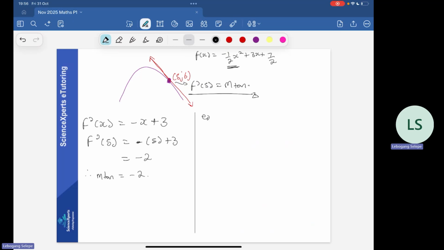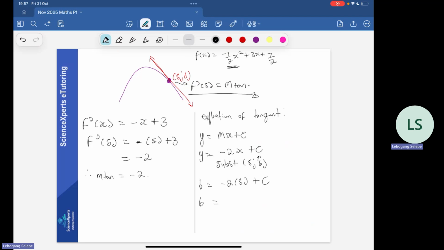So the equation of the tangent is y equals mx plus c, but we already know that m is negative 2, so negative 2x plus c. How do we find the value of c? We substitute the point 5, 6. Then I would have 6 is equal to negative 2 times 5 plus c.